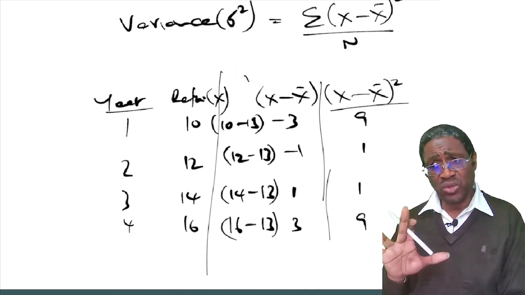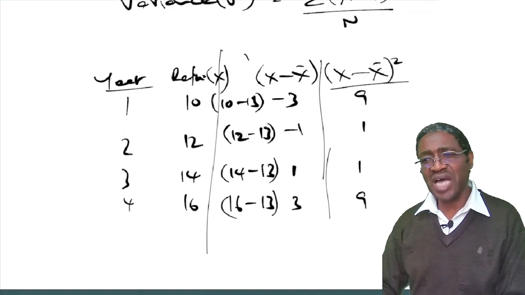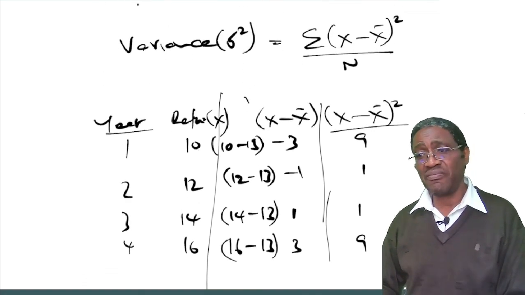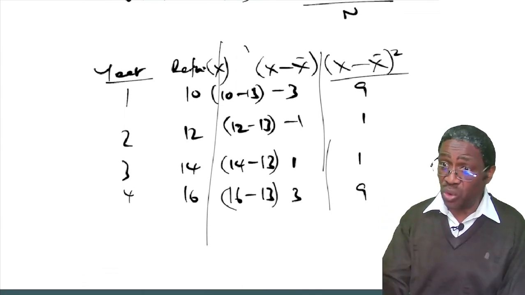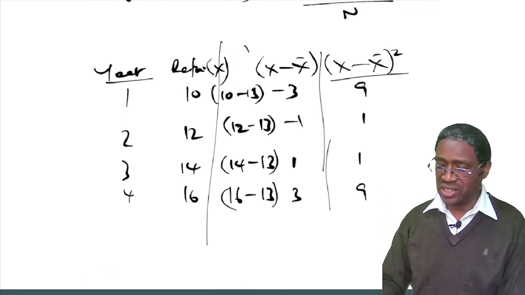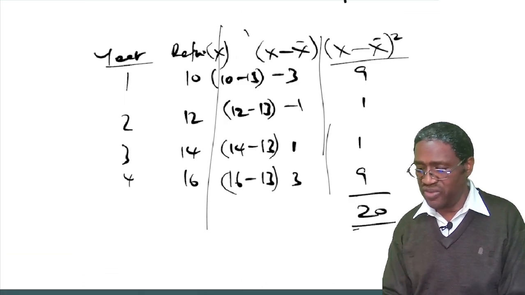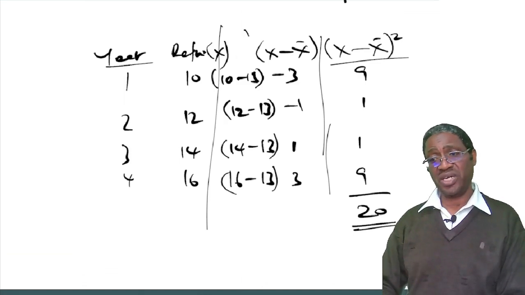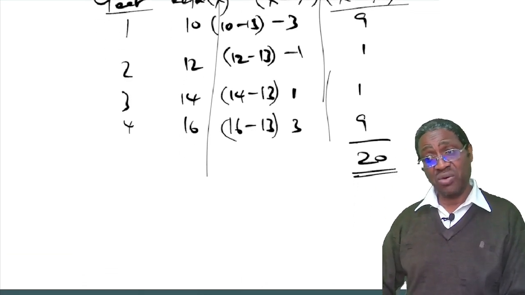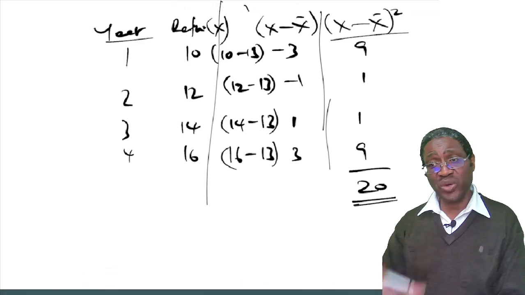Then once you do that, you get the sum of those deviations squared. This is 9, 10, 11, 20. So the sum of the squared deviations is 20. Then I divide that 20 by what?